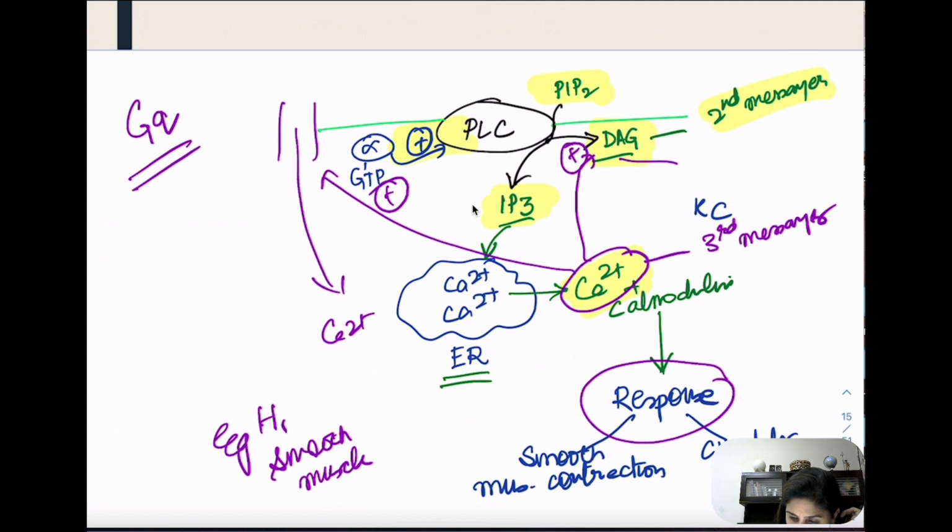It is going to stimulate protein kinase C, which produces phosphorylation of proteins and the response. So both of them do their own kind of work. So this is about the G protein: Gs, Gi, Gq. I hope I'm clear, because these are very important concepts.